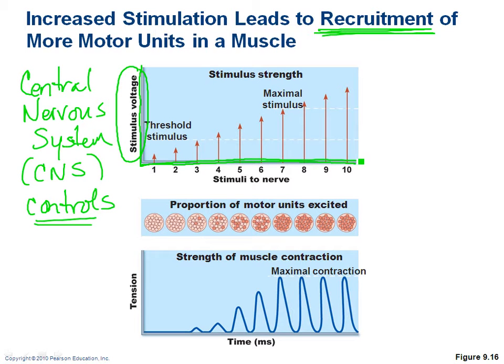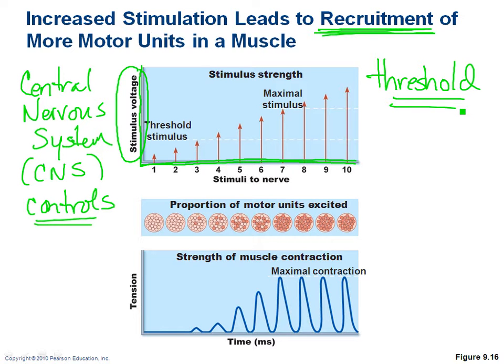Back in your lecture on action potentials, you learned about threshold, and how the membrane of a motor neuron has to reach threshold voltage, and once that happens, the action potential will be generated.